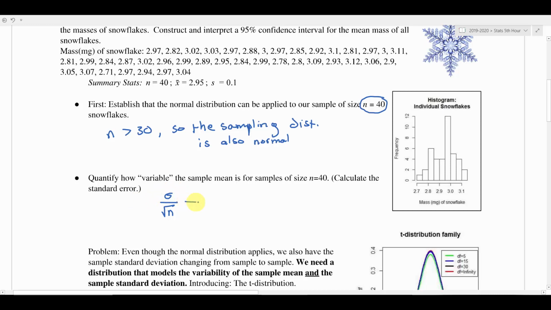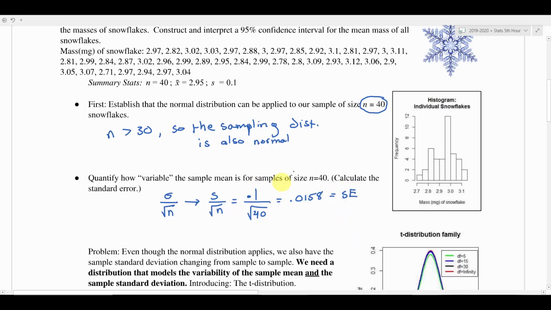All right, so instead, we make a substitution. We use our sample standard deviation instead of the population one, and this is what forces us into the t distribution family that we learned about yesterday. Okay, so our sample standard deviation was 0.1, and our sample size was 40, so I'm going to put in a square root of 40 here in the bottom, and if I go to my calculator and input that correctly, I should get 0.0158, and this will be our standard error.